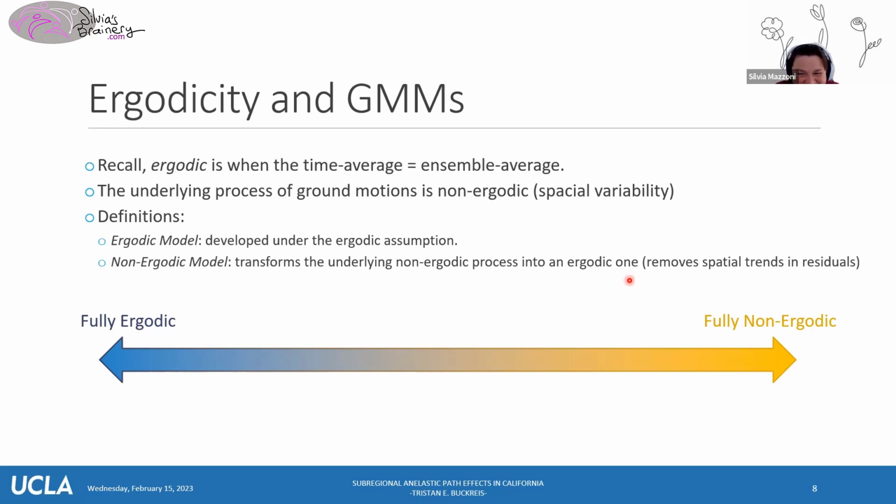Exactly. Okay. The non-ergodic model is trying to capture the effects that can be attributed to, for example, magnitude differences, distance differences, site condition differences, so that if you plug in those factors into your model, the only thing that's going to change is that you will get the truth value for your site.